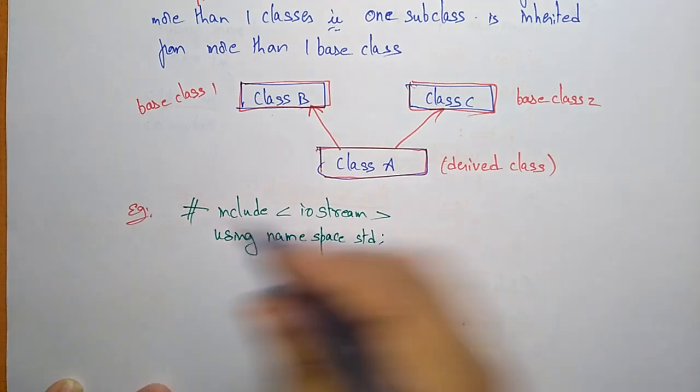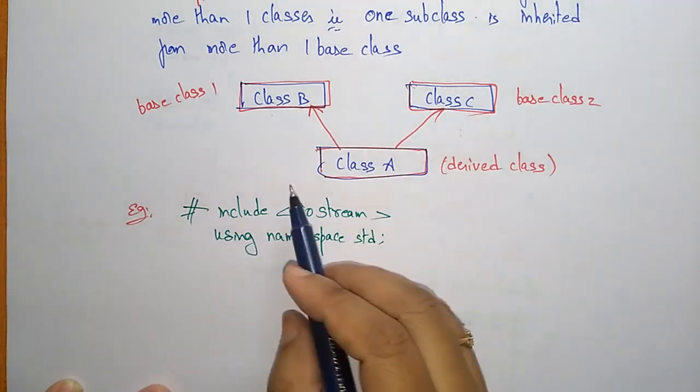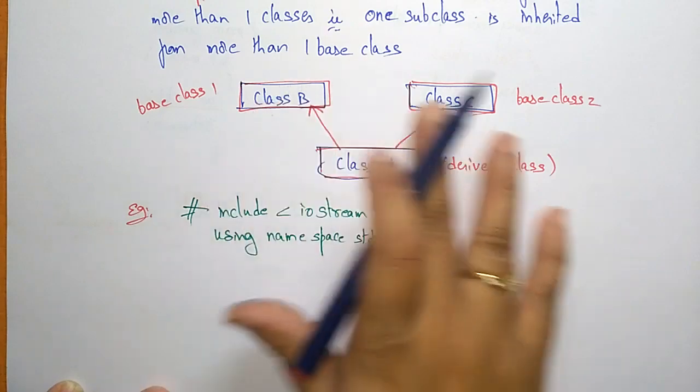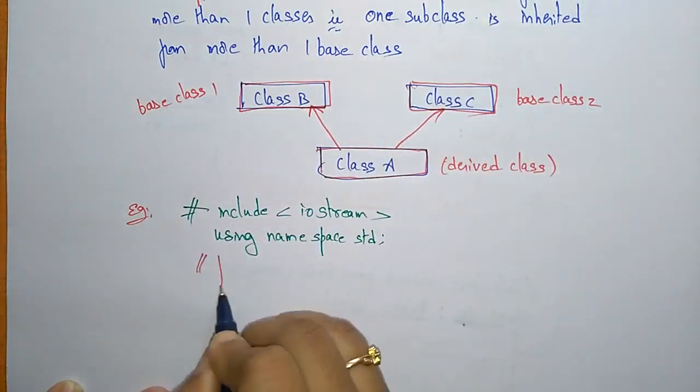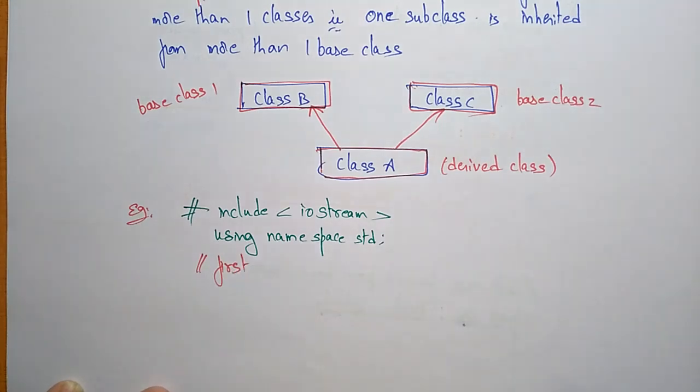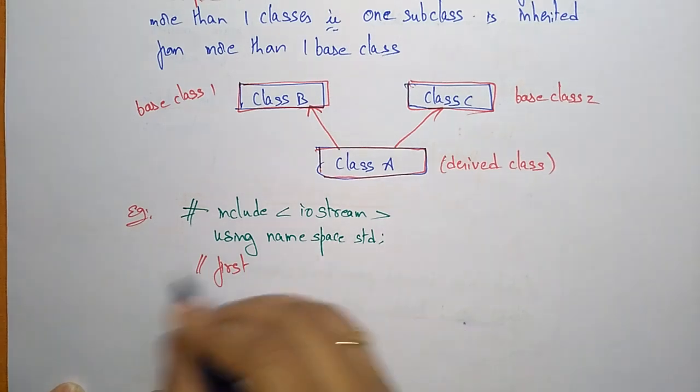Now, first what I have to create, let us take this example, I have to create two base classes. First I am creating the first base class, because one subclass is inheriting the properties of more than one base class. So I am writing two base classes here.